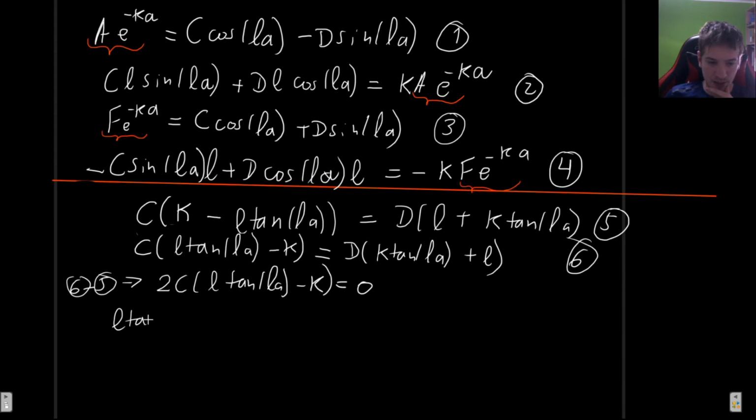So L tangent of LA minus k has to be 0, or the same, L tangent of LA has to be equal to k. This is our first transcendental equation, and this is actually what we now want to solve in order to determine the allowed energies. L tangent LA is equal to k.